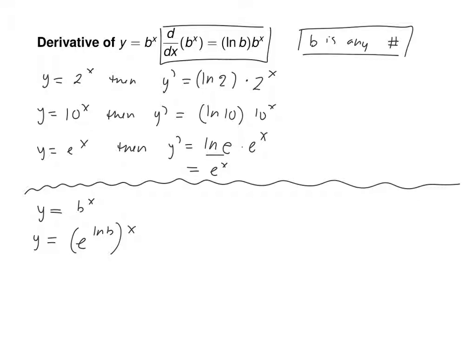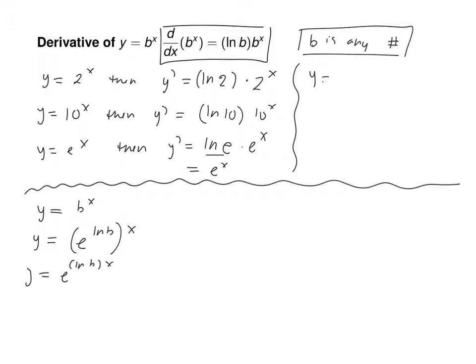And now what happens to these exponents? They multiply. So y is equal to e to the ln of b times x. And let's just do a quick related question.